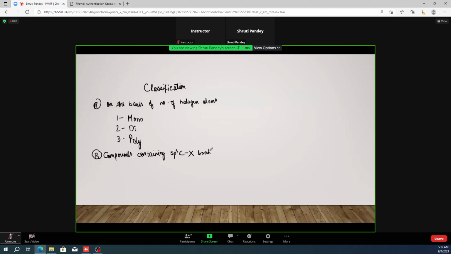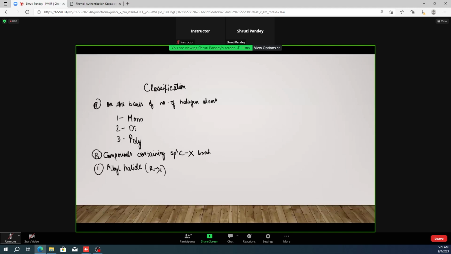Fine. So here also when we talk about the classification, first we will get the alkyl halide or the haloalkanes. Alkyl halide, and we denote it as RX.